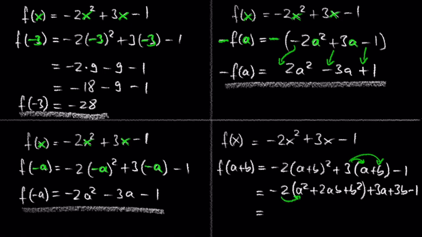Negative 2 times a squared is negative 2a squared. Negative 2 times 2ab is negative 4ab. And negative 2 times b squared is negative 2b squared.